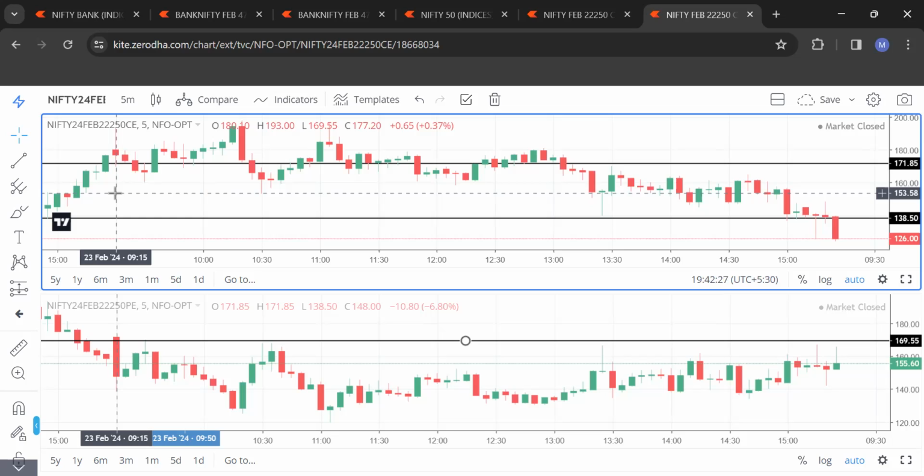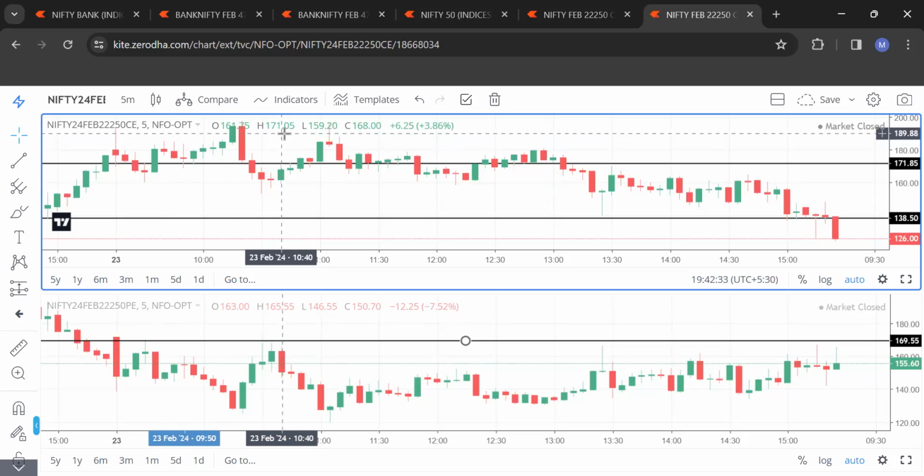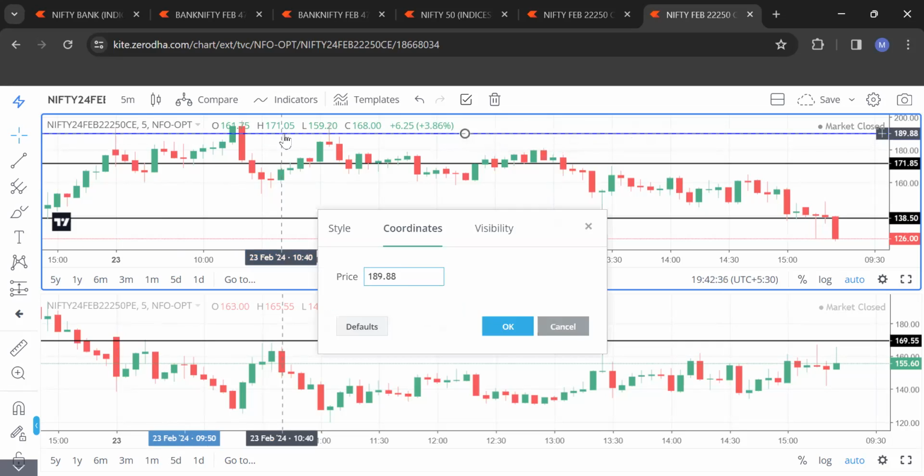I will draw this cube root line in blue color at 195.89.